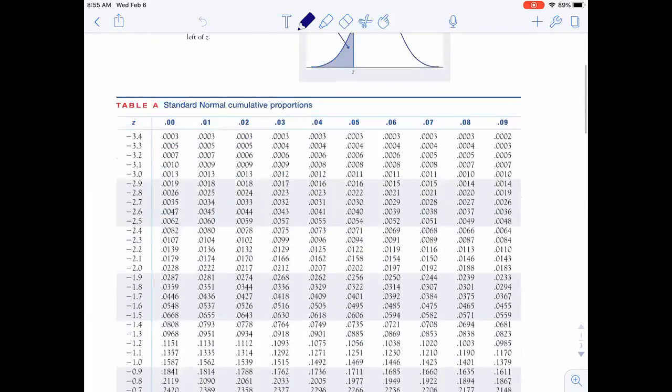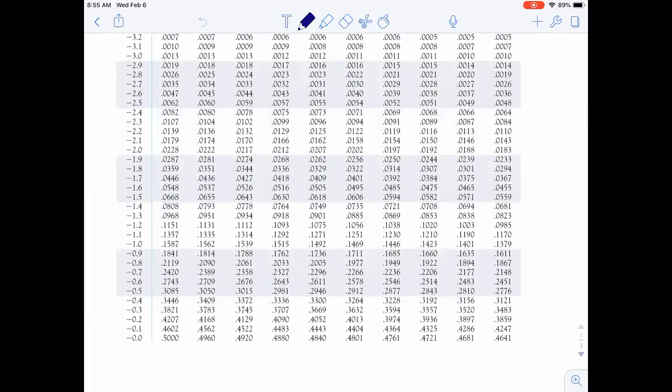So what we'll do here is we'll just scan for something close. This looks good. Notice that they're increasing as you move across this way and then this way, just because of how numbers behave. But there is logic here.